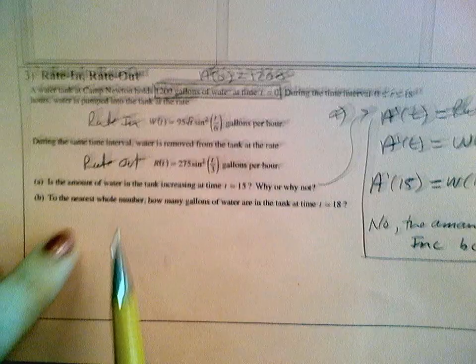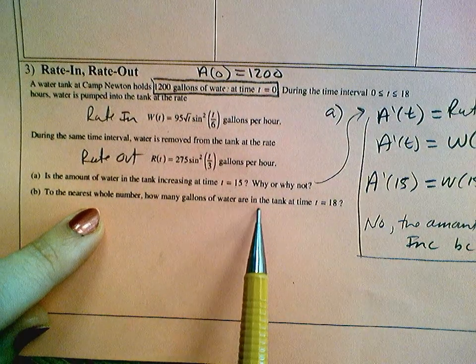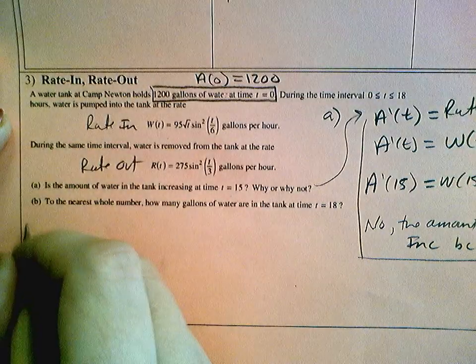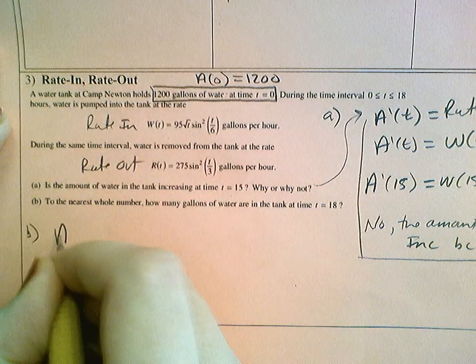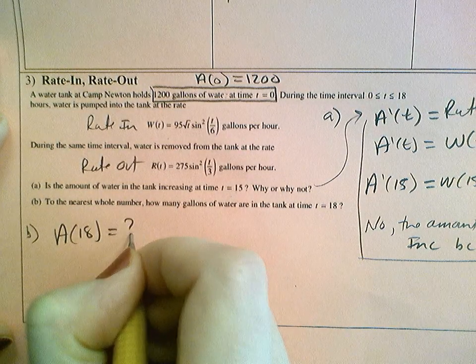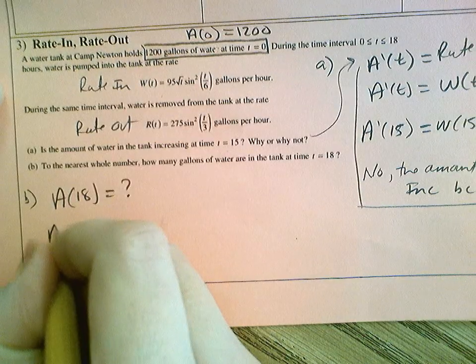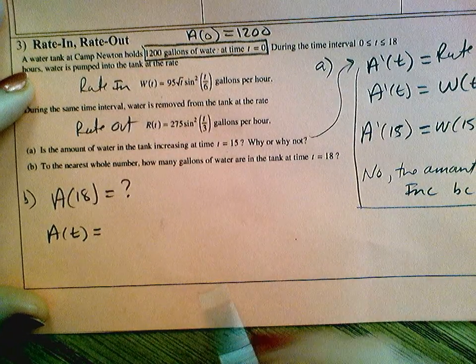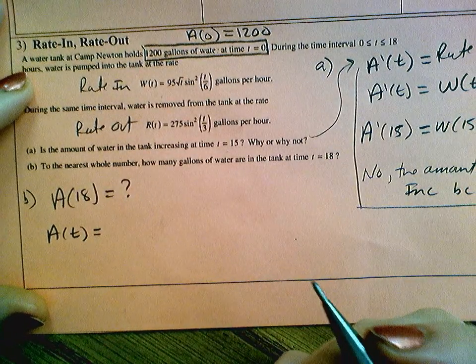Now part B. To the nearest whole number, how many gallons of water are in the tank at time t equals 18? So we want to know A of 18 equals what? Okay, so let's find A of t, a function for it. So A of t is equal to A of some number we know, which is 0.